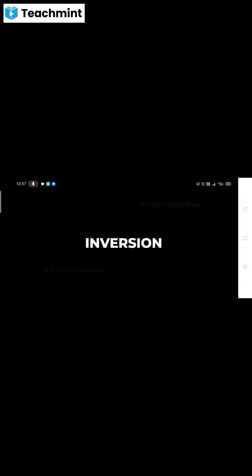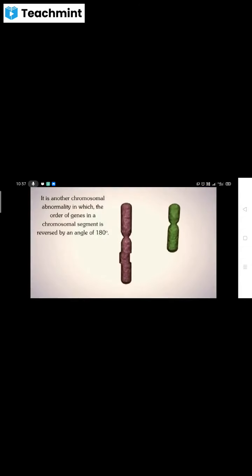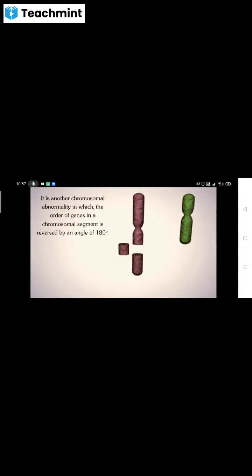The third structural aberration is inversion. In this chromosomal aberration, the order of genes in a chromosome segment is reversed by an angle of 180 degrees. So the whole sequence is reversed by 180 degrees, and the order of the genes in the chromosome is inverted.